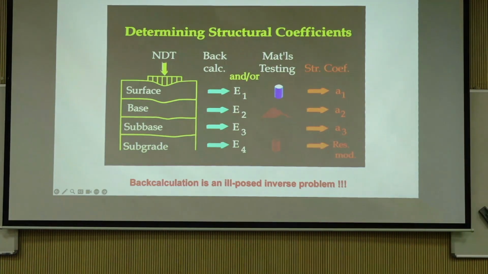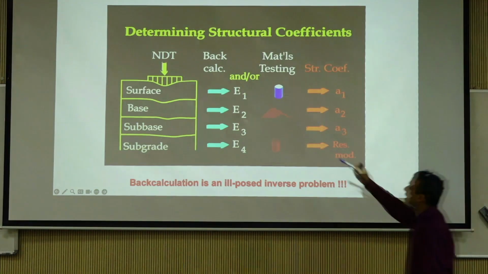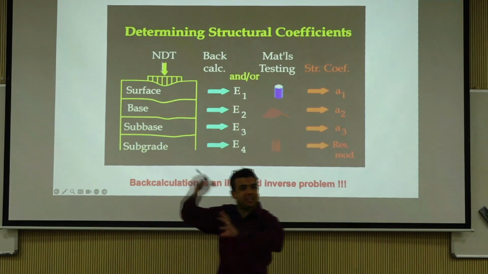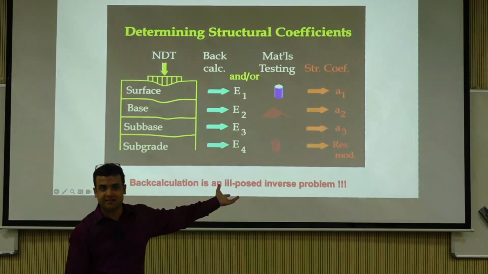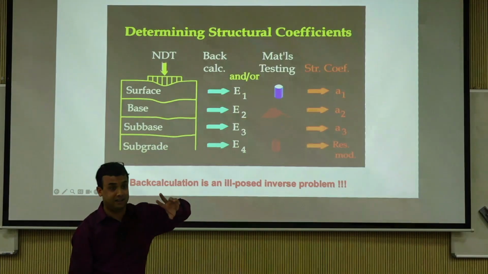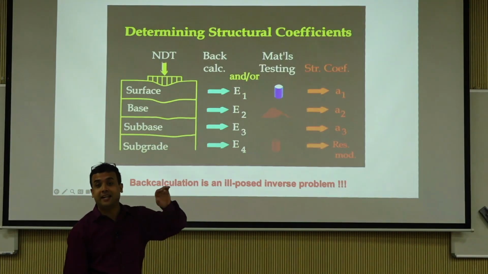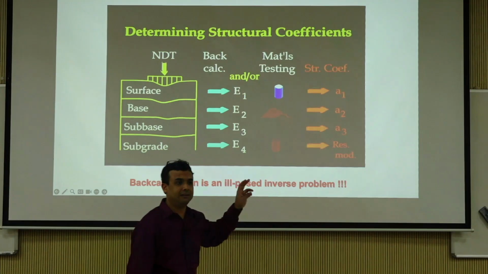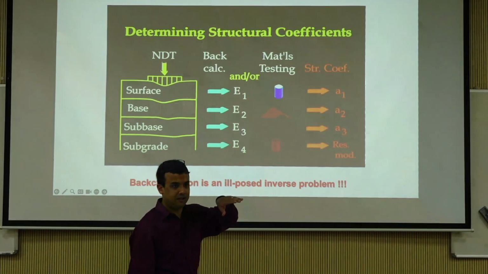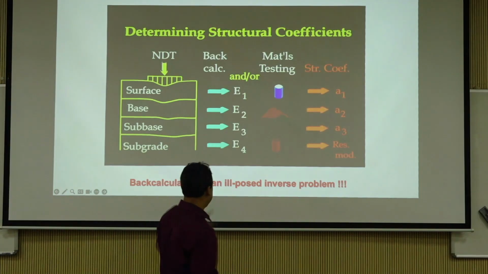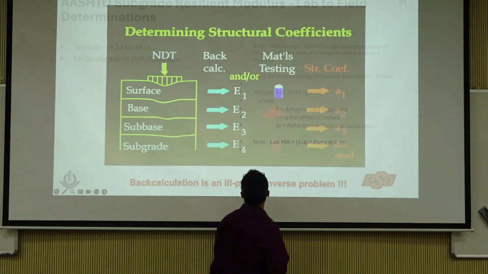It doesn't have a unique solution, because technically you can find different sets of E1, E2, E3, E4 combinations that will lead to the same basin. Technically. Practically, will it happen? I haven't seen it many times. You still have certain values, but it is actually an ill-posed inverse problem.